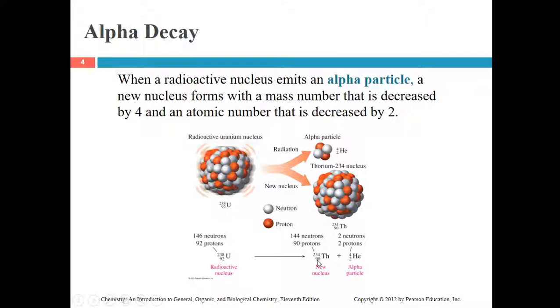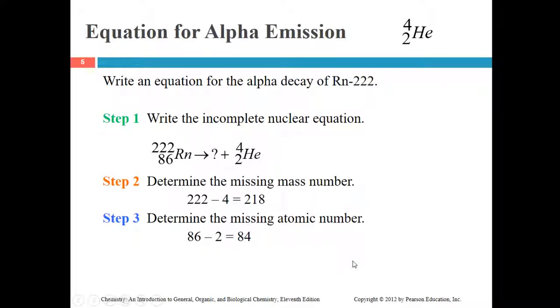And so we look up what element 90 is on the periodic table. Oh, that's thorium. Now then, to find which particular isotope of thorium this is, 4 plus what number is 238? Well, 4 plus 234.